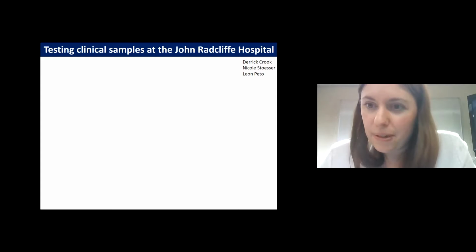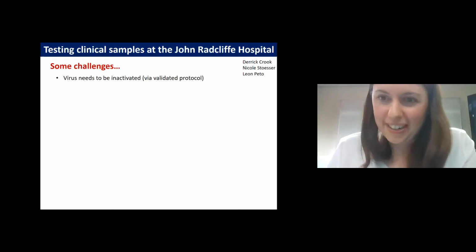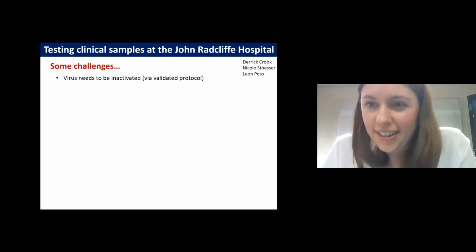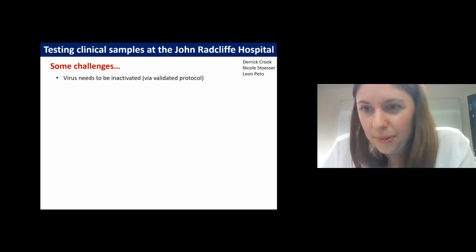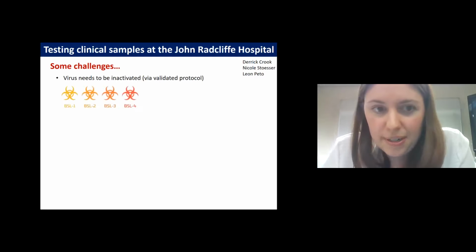So moving from laboratory grown samples to clinical samples definitely provided some challenges. I'll just go over a couple of them quickly now. For a start, working with our laboratory grown strains is much safer than working with real SARS-CoV-2 samples. So the samples needed to be inactivated via a validated protocol.